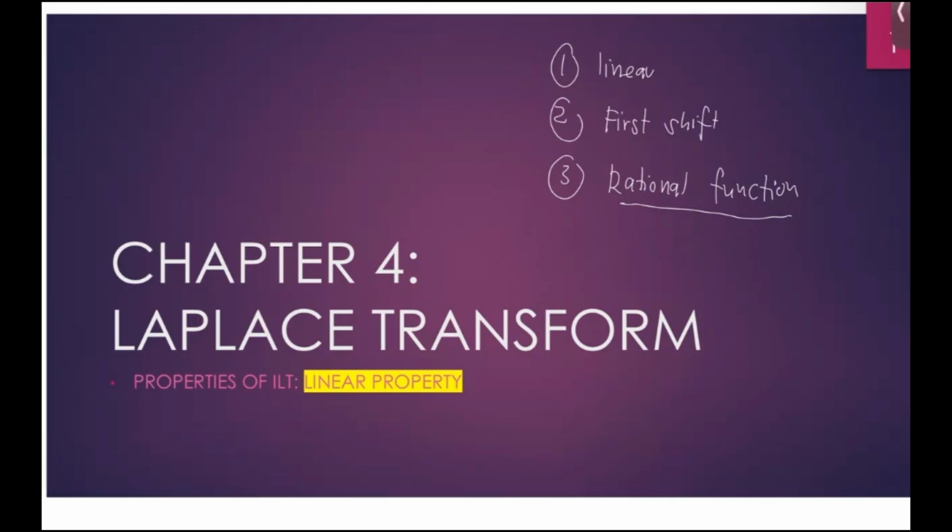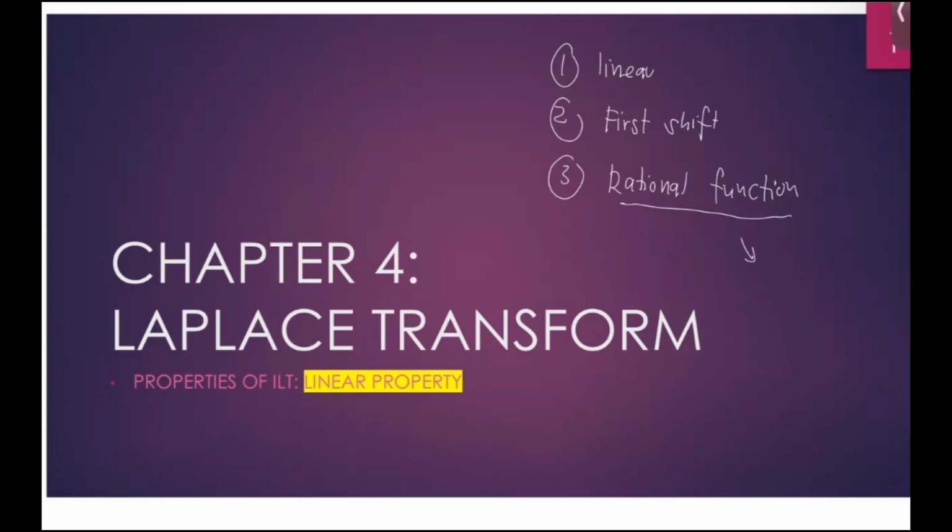You can find it from the books, or from the internet. Because in the next class, I will not discuss how to obtain a rational function. Rather, I will just discuss the method and how we want to use these properties.